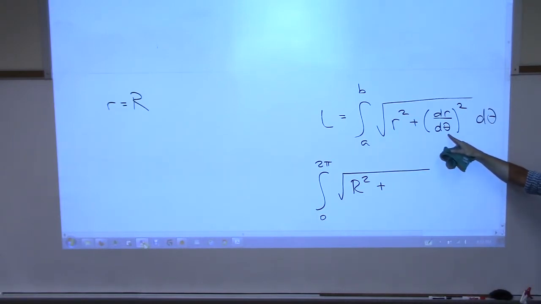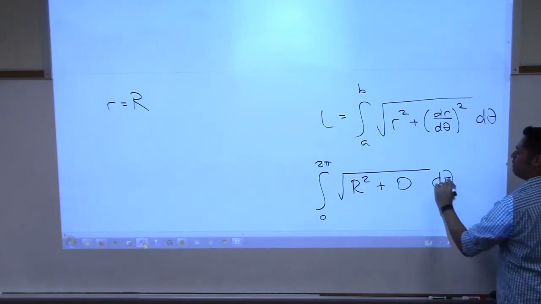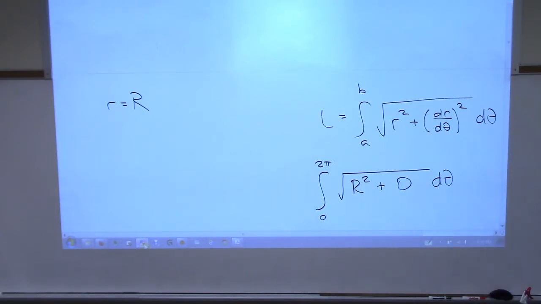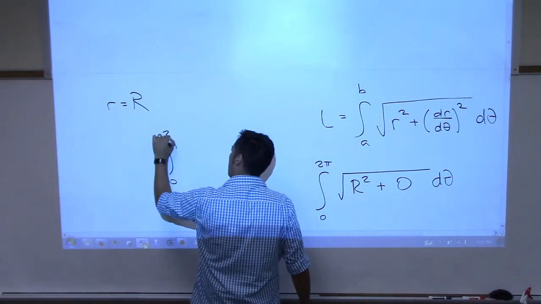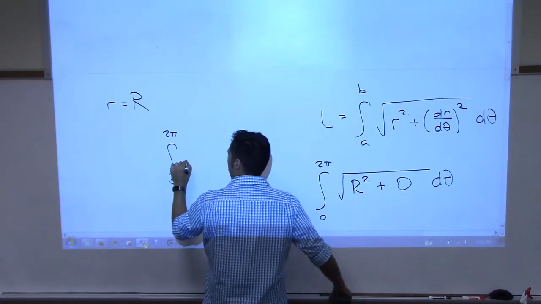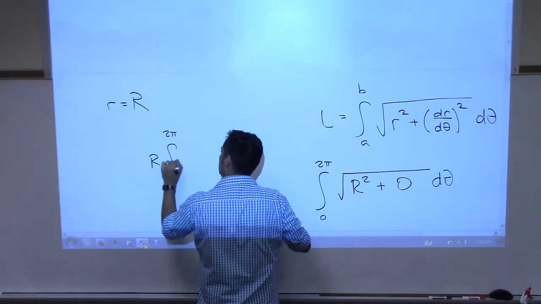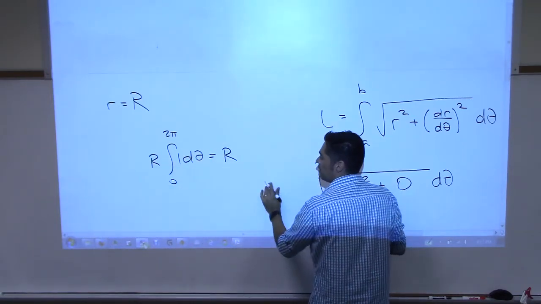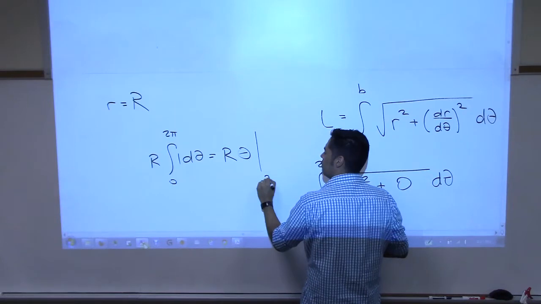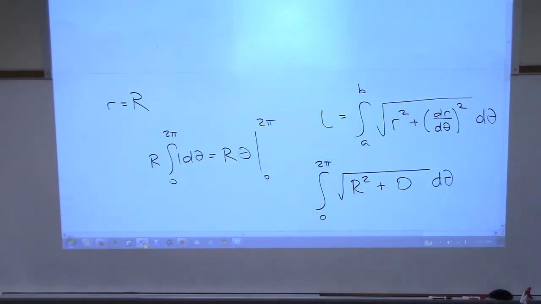R is a constant. 0, right? d theta. What's the square root of R squared? R. So this is just the integral from 0 to 2 pi. Square root of R squared we said was R. But that's a constant, right? Pull it out. So I have 1 d theta, don't I? The antiderivative of 1 is theta. Go from 0 to 2 pi, and you get 2 pi r. That's pretty awesome.